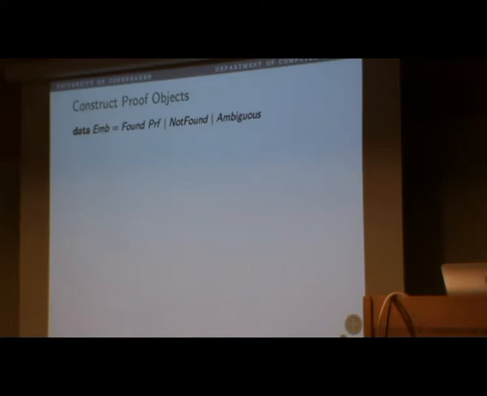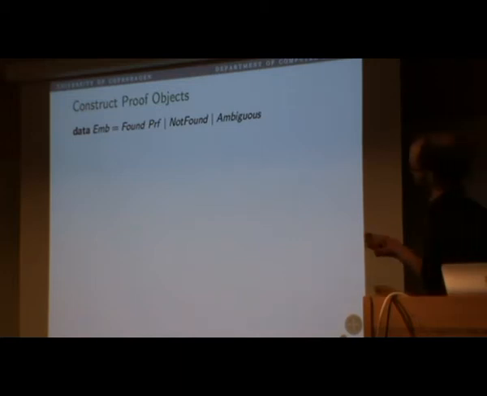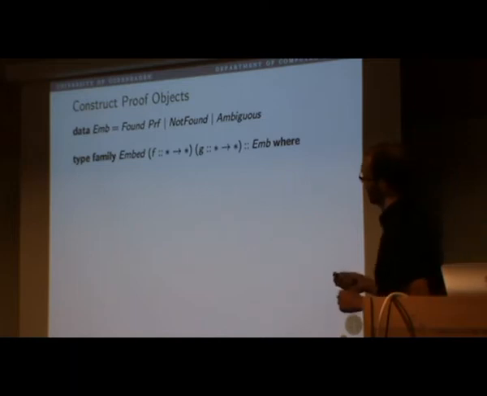Okay, so how do we do this? So now we actually see some closed type families in action. This is the return type of the closed type family. So we have these proof objects here, and this marks them as okay, we found some proof objects. And here we say, well, we did not find anything, and here we already found some ambiguity. And the type family we define looks like this.